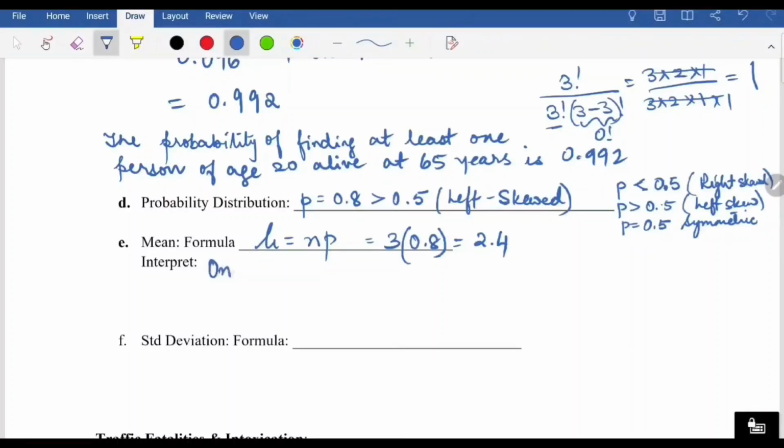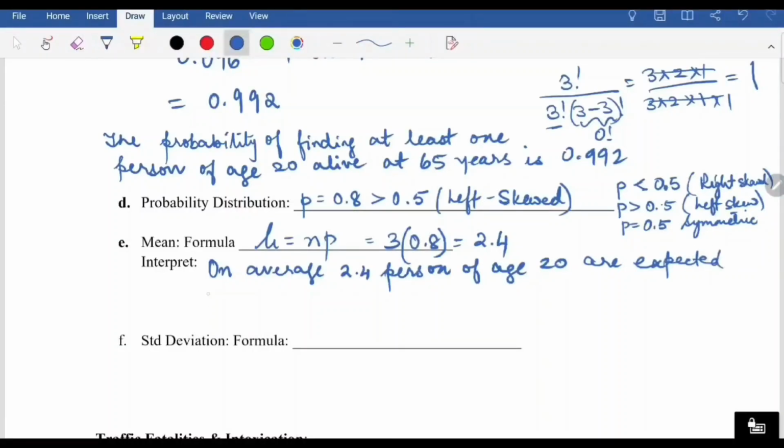It implies that on average 2.4 persons of age 20 are expected to be alive at age 65. So on average, you can expect to find 2.4 people alive at age 65.